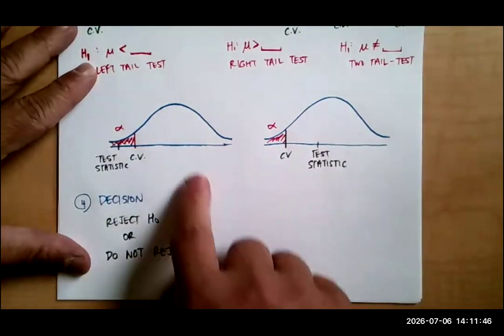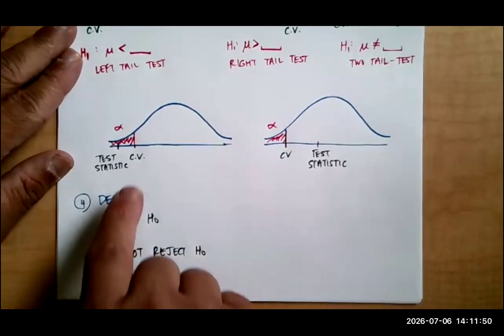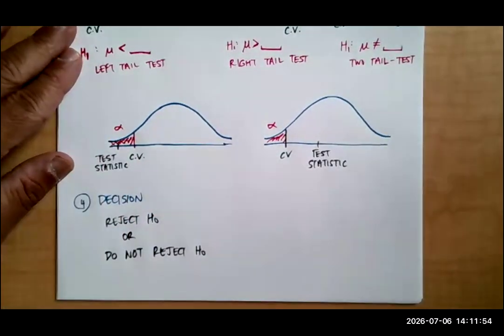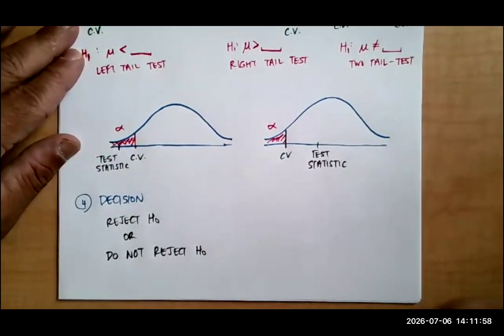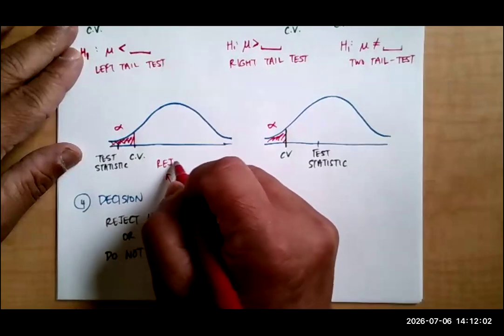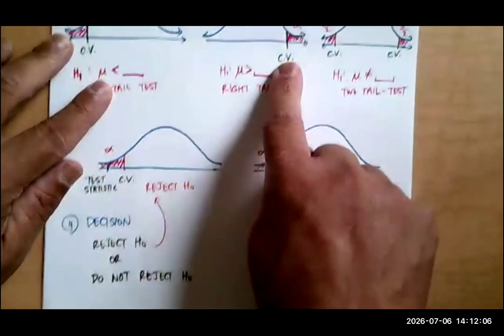And so looking at these results, when our test statistic is in that critical region, when it's in the shaded space, right? That's where we reject the null hypothesis, whether it be on the left tail or in a right tail test, right?